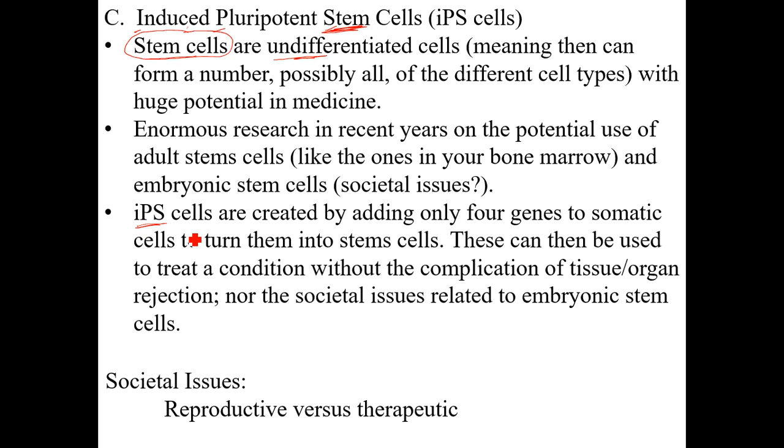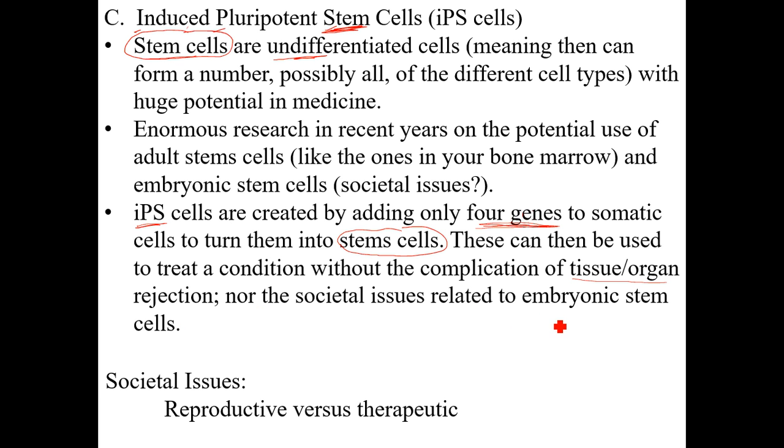What they did is they just took an ordinary somatic cell, which could be any cell from the person's body, and they just inserted 4 different genes, and somehow that turned them into the equivalent of what are called embryonic stem cells. And then if they give them the correct signal, they can turn it into whatever cell they like, and they can use it for a tissue or organ transplant with no rejection.